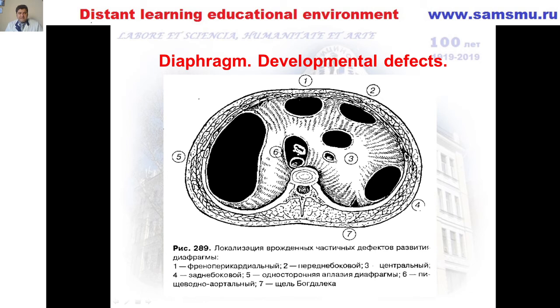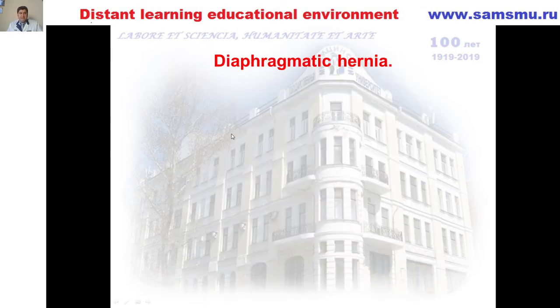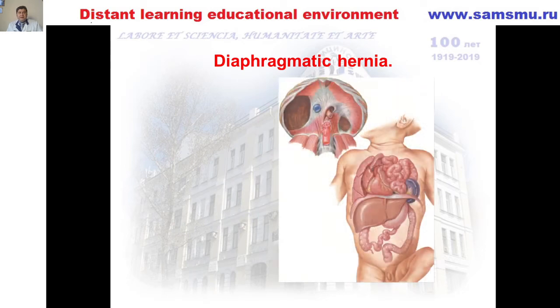Also, you may see central, number 3, posterolateral, number 4. Also, you may see the aplasia of the diaphragm, lateral aplasia. And also, you may see diaphragmatic hernia.